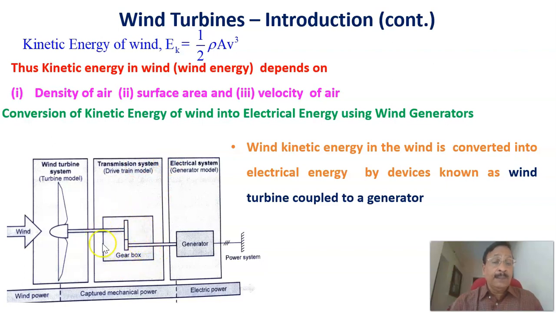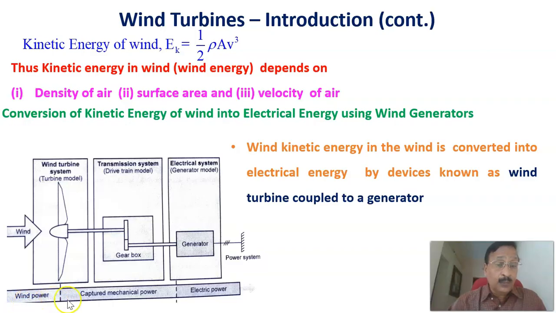That transmission system transmits this mechanical rotation into the generator, the electrical system, and because of the rotation of the prime mover, the generator generates AC voltage that is connected to the existing grid. So this is the basic block diagram of a wind turbine system, or wind turbine with a generator.